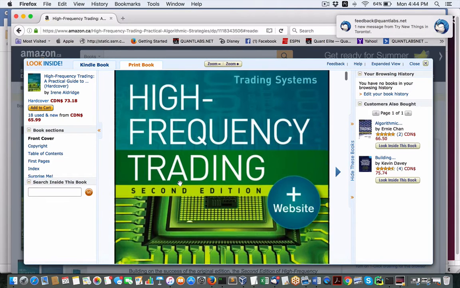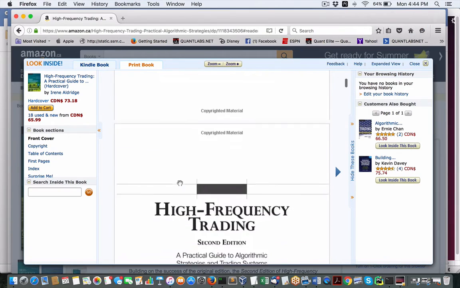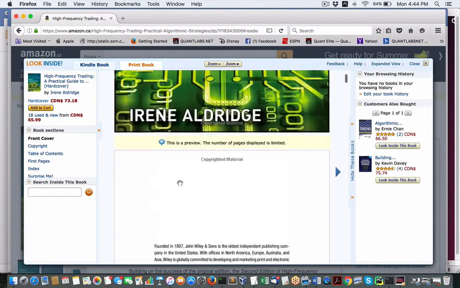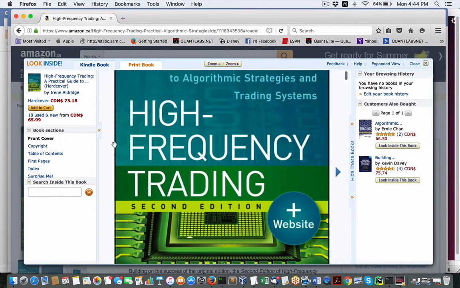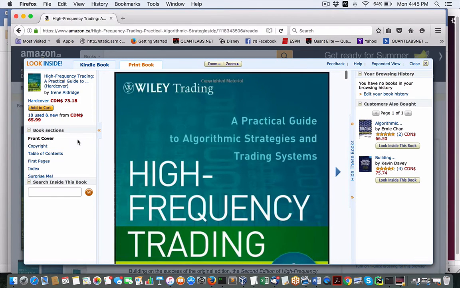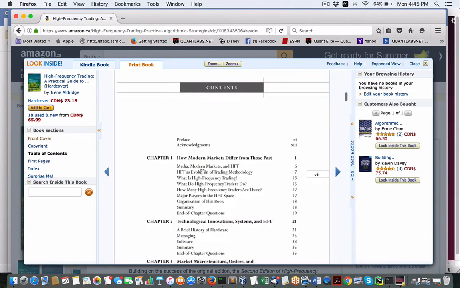I've been looking at the last day or so, this book I've been using for the last couple of years. This might be helpful for you right now. High Frequency Trading, A Practical Guide, hardcover. Seems a lot of people don't like it a whole lot, but I find it's very useful. So here's the contents.